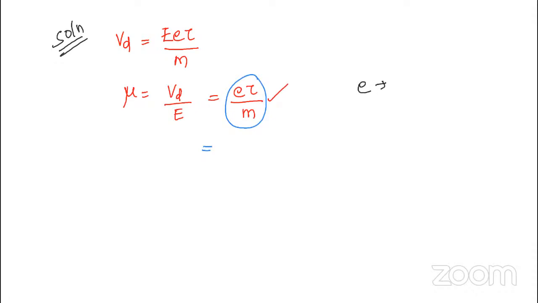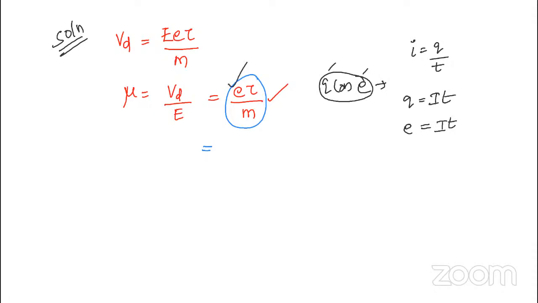It can be represented as E or it may be represented as Q. Both are charge. For charge, to calculate it we gave an expression: I is equal to Q by T. So from this, what will be the value of Q? It is I into T. Right. So here what have we taken? It has been said that I and E should be the same. So now what can we write? Instead of E, we can write the expression I into T. So now in this place, what values do we substitute instead of E? It is I into T.